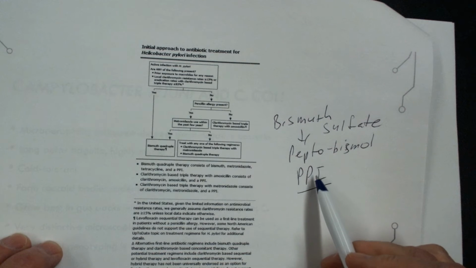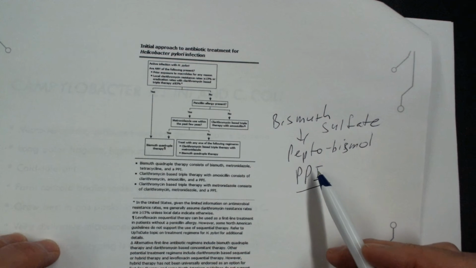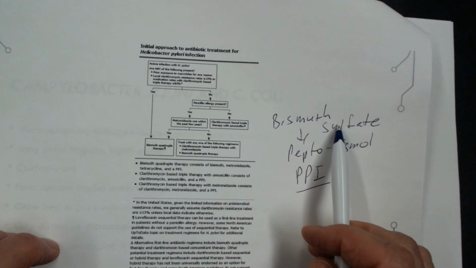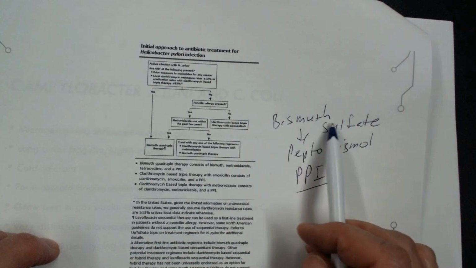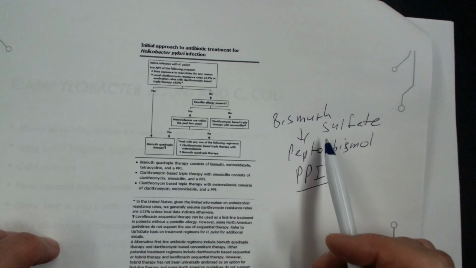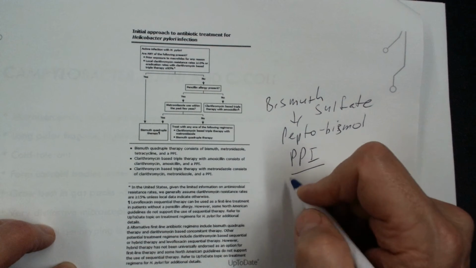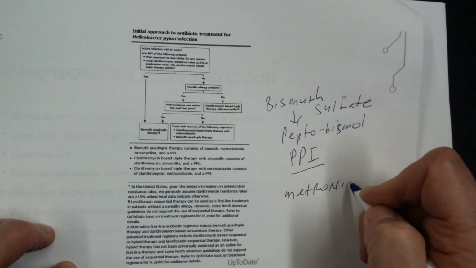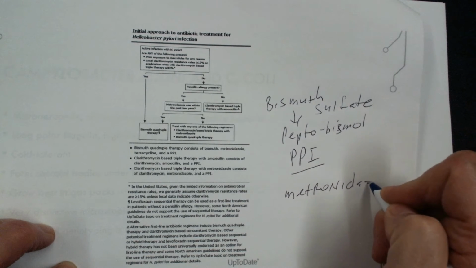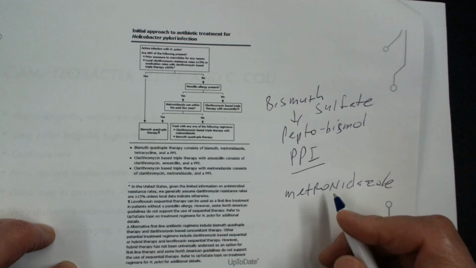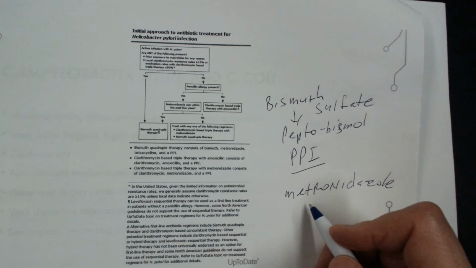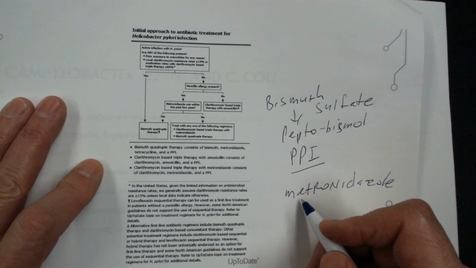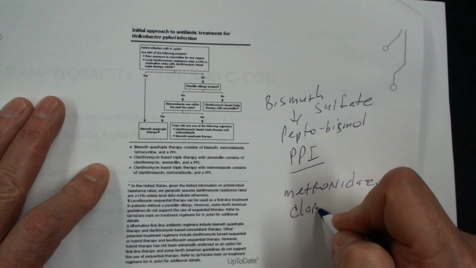That's going to help heal any of the damage in your stomach. This coats the stomach, prevents the organism from damaging it further. Then to kill the organism, you're going to use usually metronidazole, and you'll combine that usually with clarithromycin.